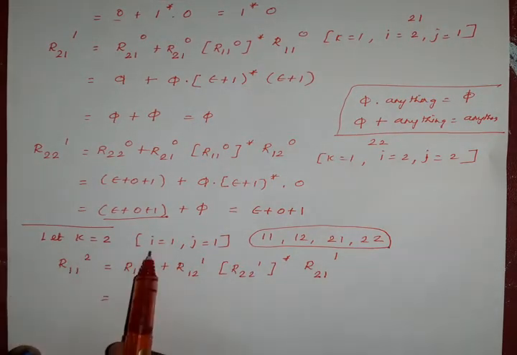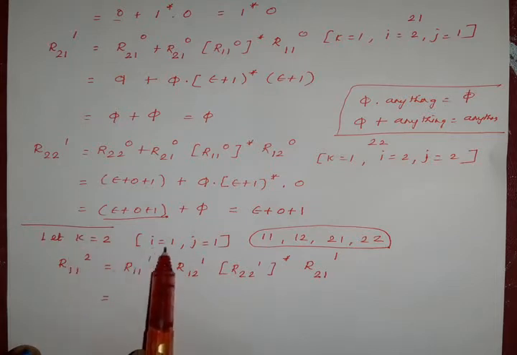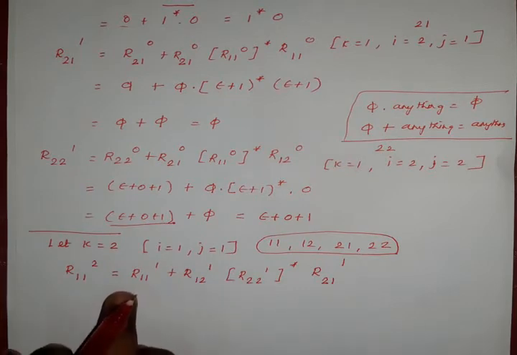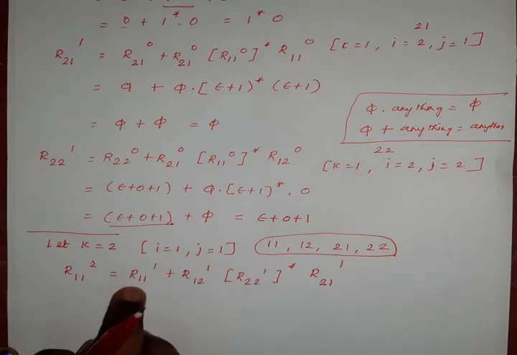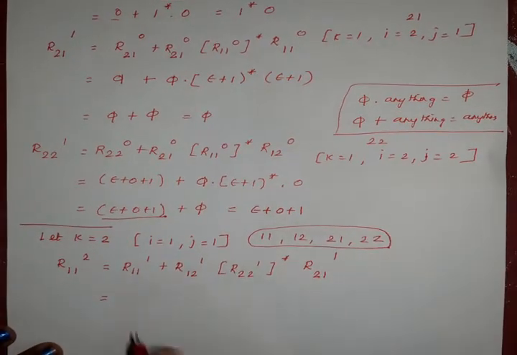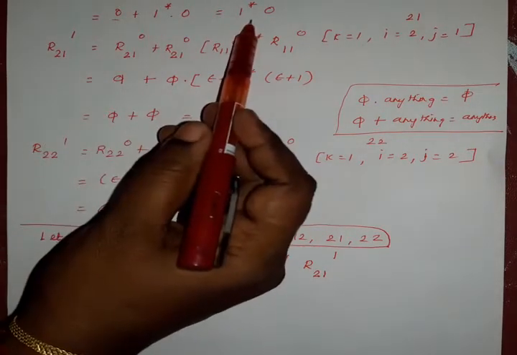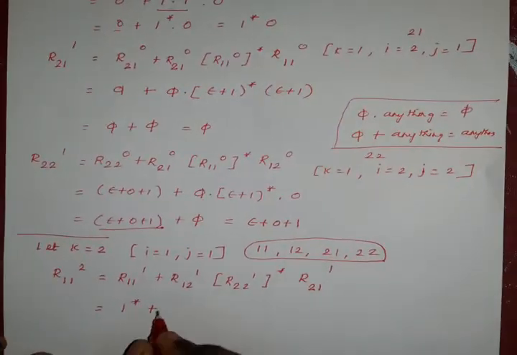Initially we take i is 1 and j is 1, substituting these 3 values k is 2, i is 1, j is 1 in the R_ij^k formula, we are getting an expression like this. So for this expression we directly substitute the values derived above. For R11 power 1 the result is 1 star, and R12 power 1, the result is 1 star 0.